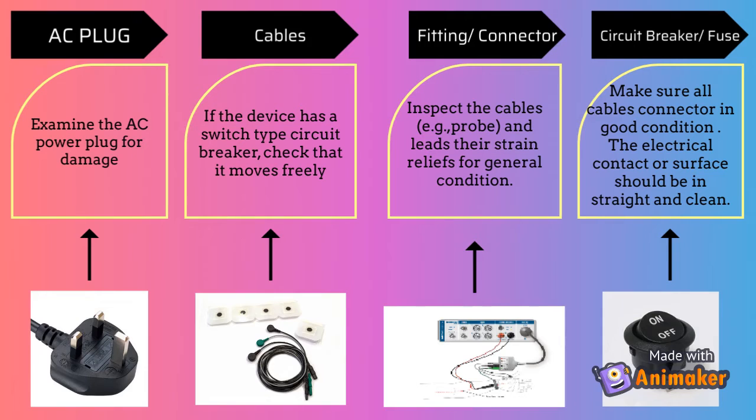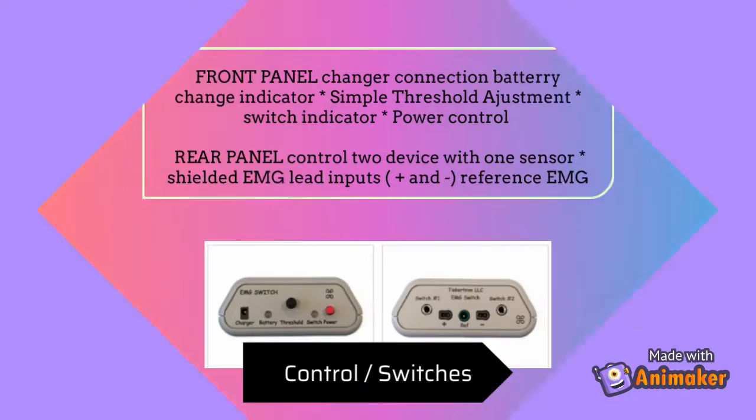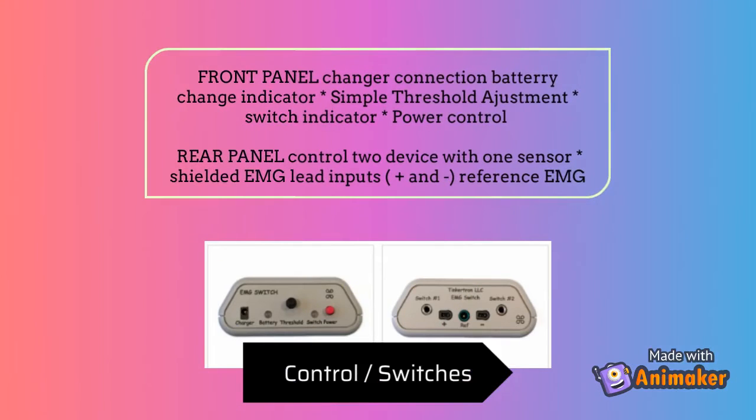The electrical contact or surface should be straight and clean. 9. Controls, switches: the front panel charger connection, battery change indicator, simple threshold adjustment switch, indicator, power control, and the rear panel control, 2 device with 1 sensor, shielded EMG lead inputs, plus and reference.